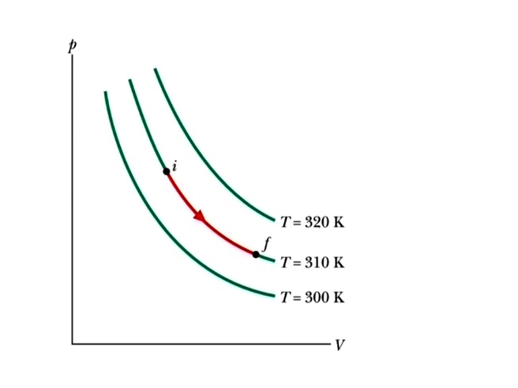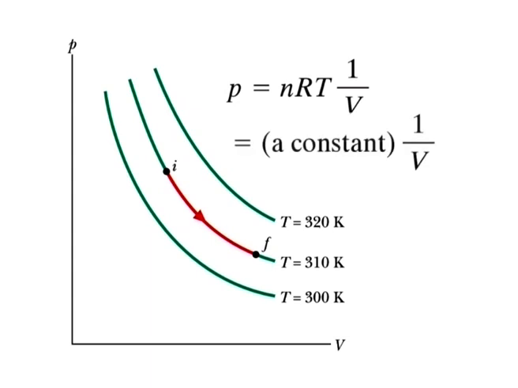For n moles of an ideal gas, it is a graph of the equation P = nRT times 1/V, which is a constant times 1/V. This figure here shows three isotherms, each corresponding to a different constant value of T. Note that the value of T for the isotherms increases upward to the right.